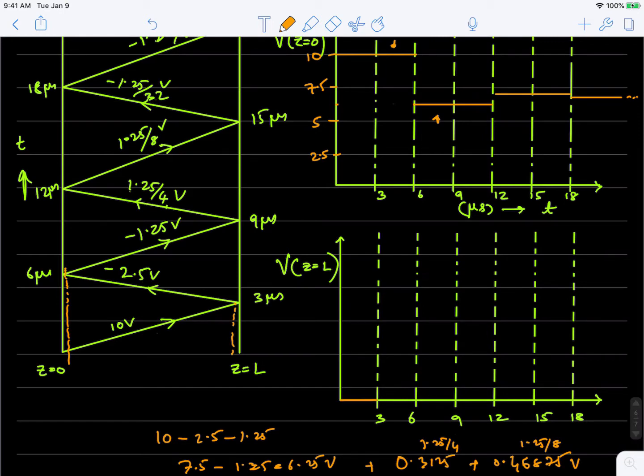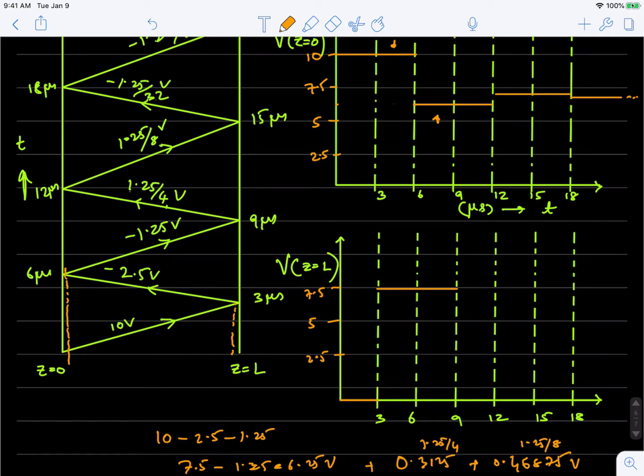Then at 3 microseconds you get 10 volts and minus 2.5 volts. That would mean it's about 2.5, 5, 7.5. So between 3 and 9, it is stably at about 7.5 volts.